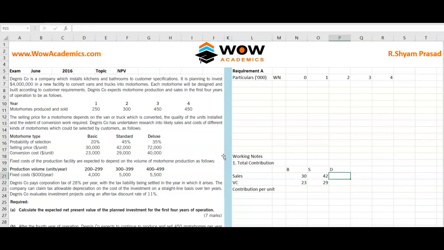And the deluxe is 72 as the selling price, and the variable cost is going to be 40. As these are negative numbers, we can take them with a negative symbol.